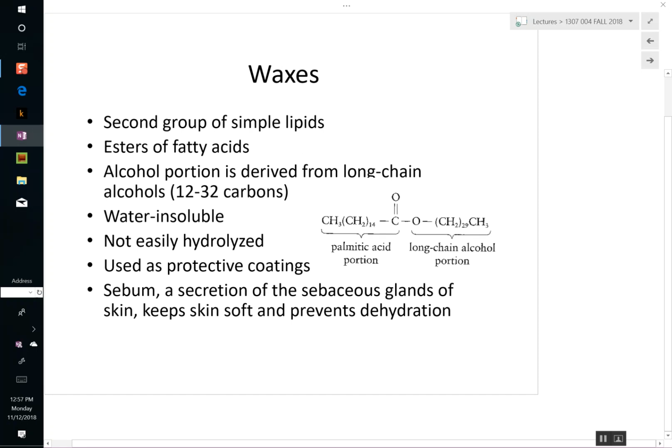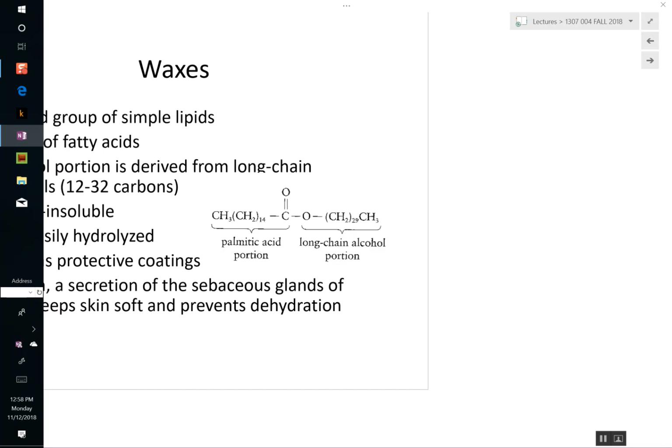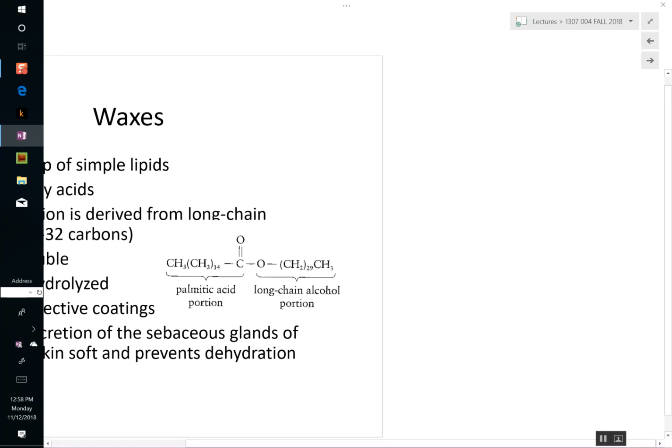Okay, just 30 seconds on waxes. Beeswax and also the wax that accumulates in your ears is a wax. And what is a wax? Notice what you have here. You've got 15 carbons. So let's do that. So there are 15 carbons here, and there are 30 carbons over here.